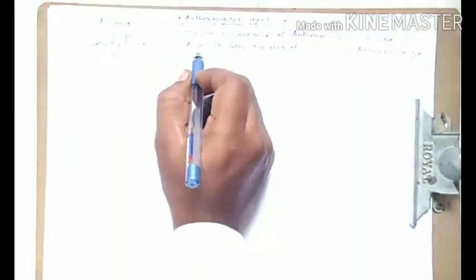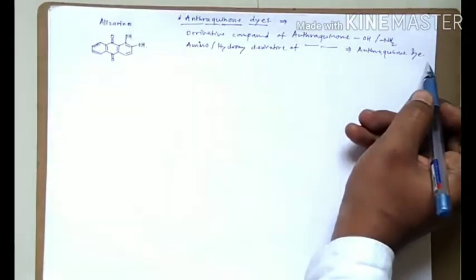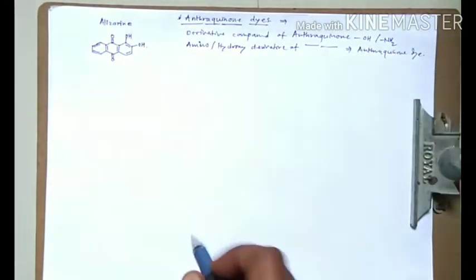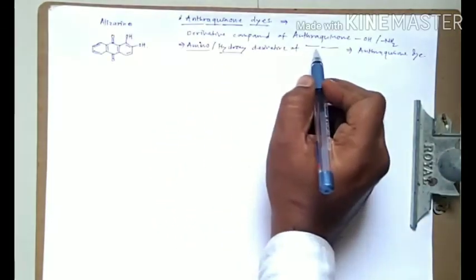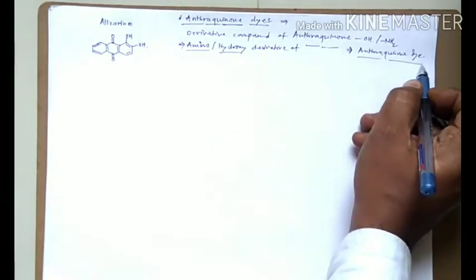The compound in which an amino or hydroxy group is present on the anthraquinone ring is called an anthraquinone dye, or the derivative compound of which? The amino or hydroxy derivative compound of anthraquinone is called anthraquinone dye.